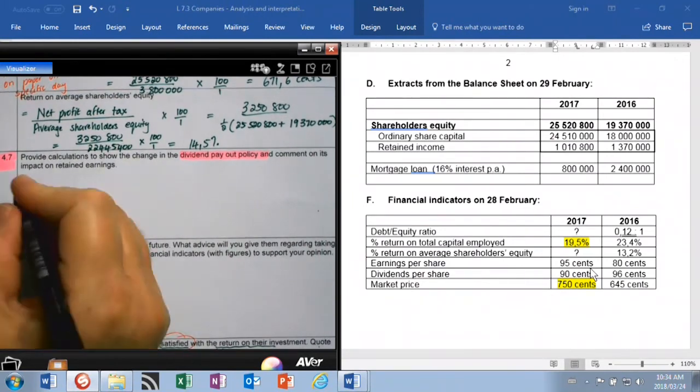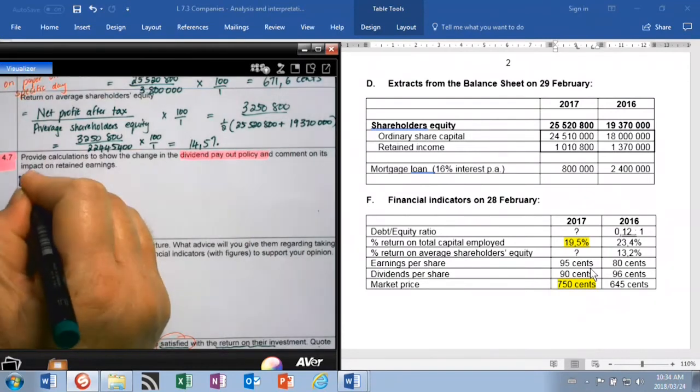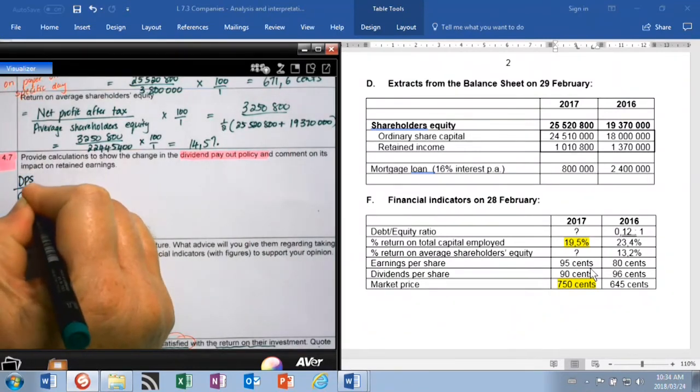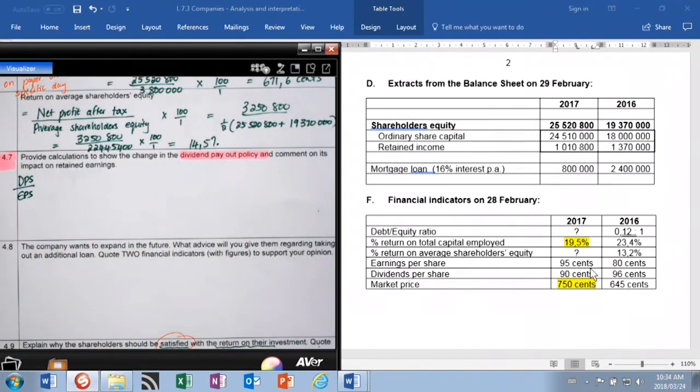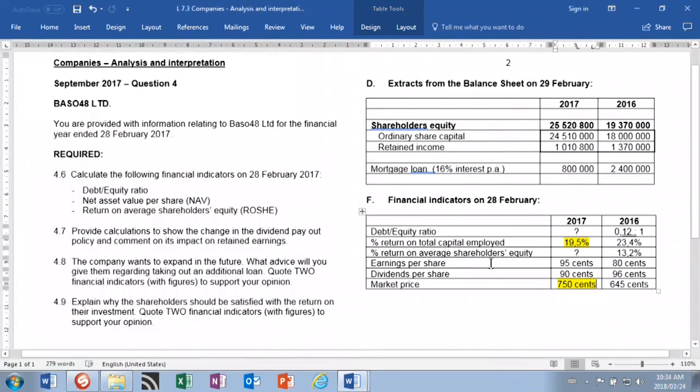For this, you put the DPS on the EPS. Remember that it means that you must first earn some money before you can pay out dividends. I'm talking about earnings per share and dividends per share. You're more than welcome to write the EPS in your question paper.